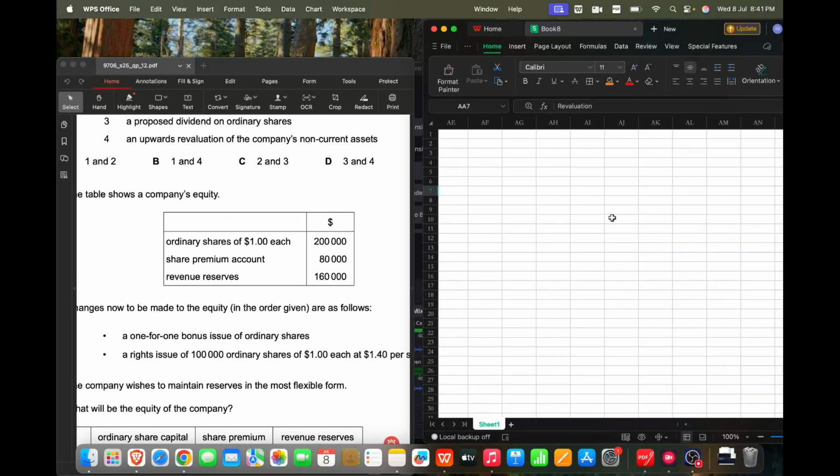So calculation is very simple for this. First one, we have shares, and then we have premium, and then we have reserve or revenue reserve.